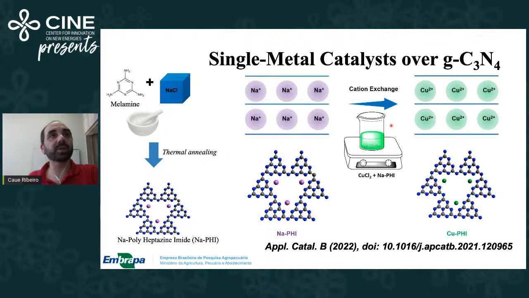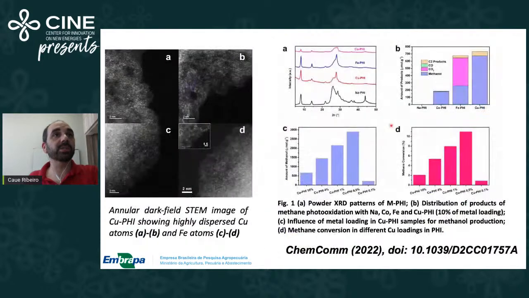This product we have studied in the first case for degradation of phenol. We have also studied the same system to produce methanol from methane. And we have seen a remarkable production of methanol using methane saturated in water, using material with copper sites over the surface.